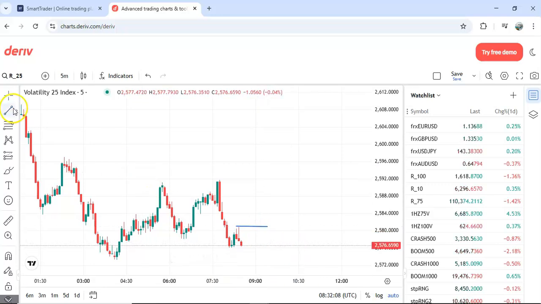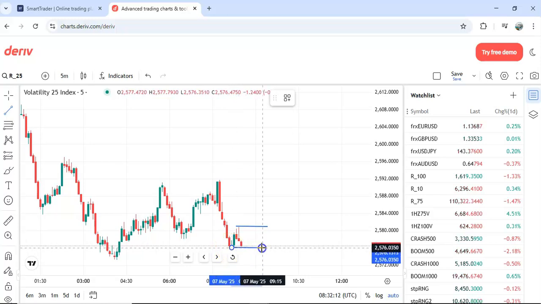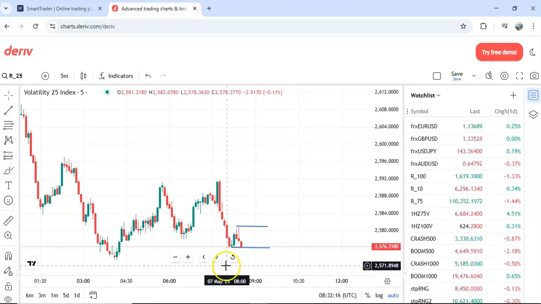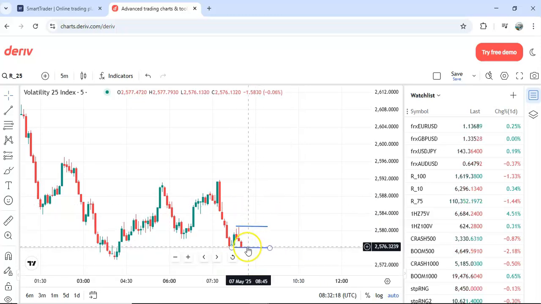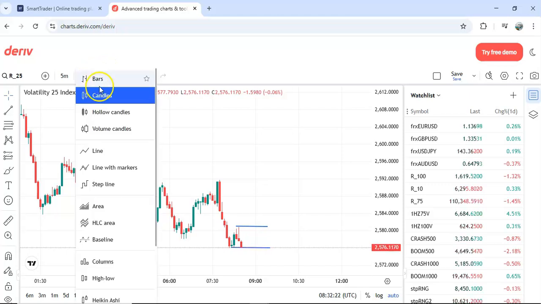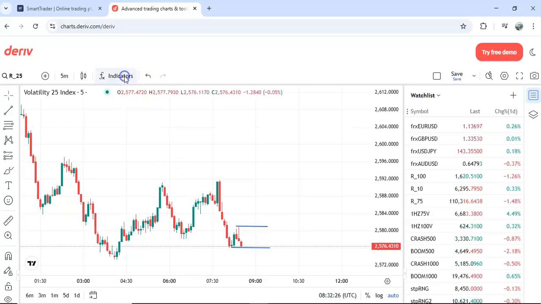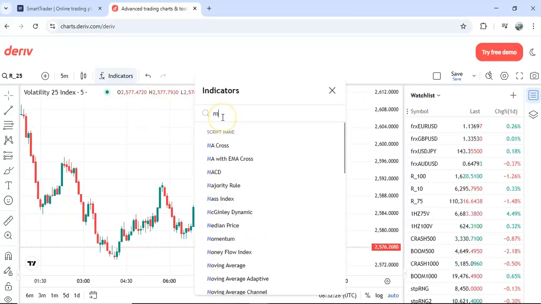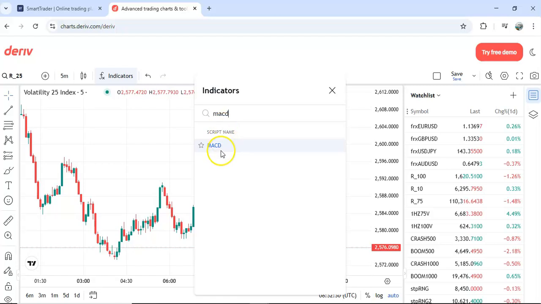So all we need to do here, we need to come here and draw our simple line. And also here, I'm going to come to this point. So after that, we're going to go to our 1 minute.